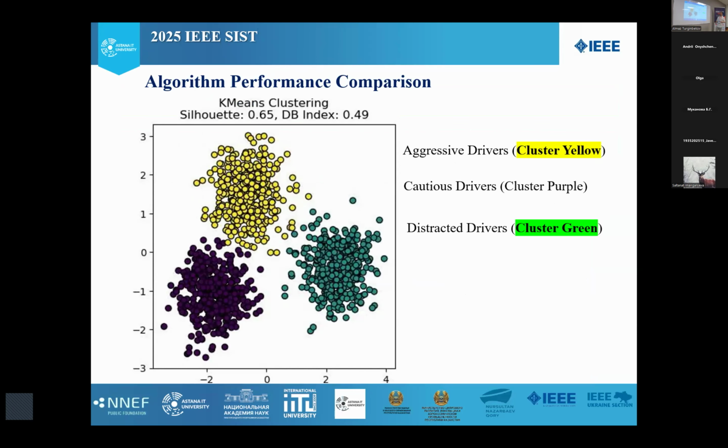In the clustering, yellow is the aggressive driver, then the second cluster is the normal driver, and the third is the cautious driver. So we have three clusters, but we have some outliers.